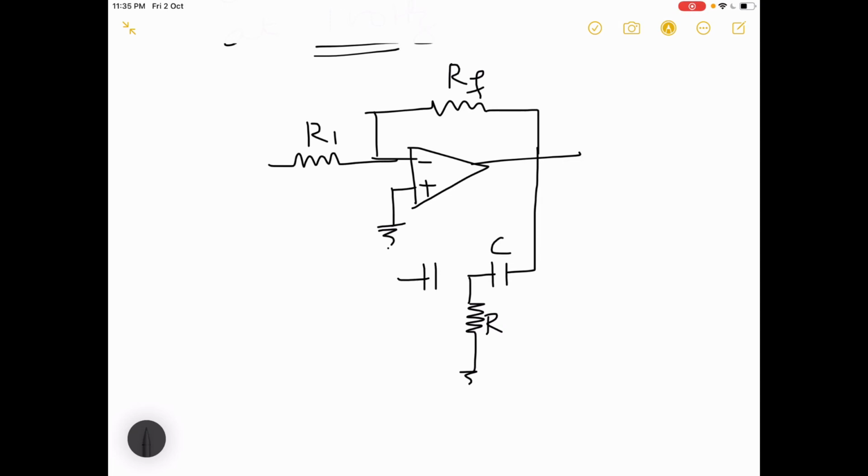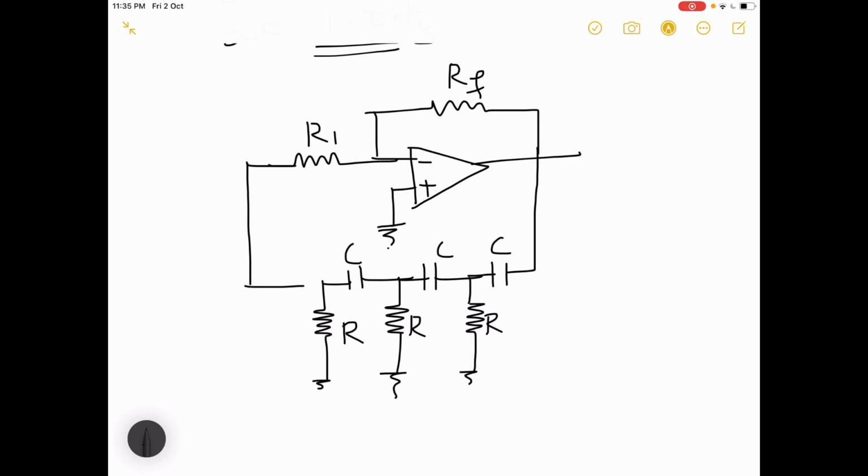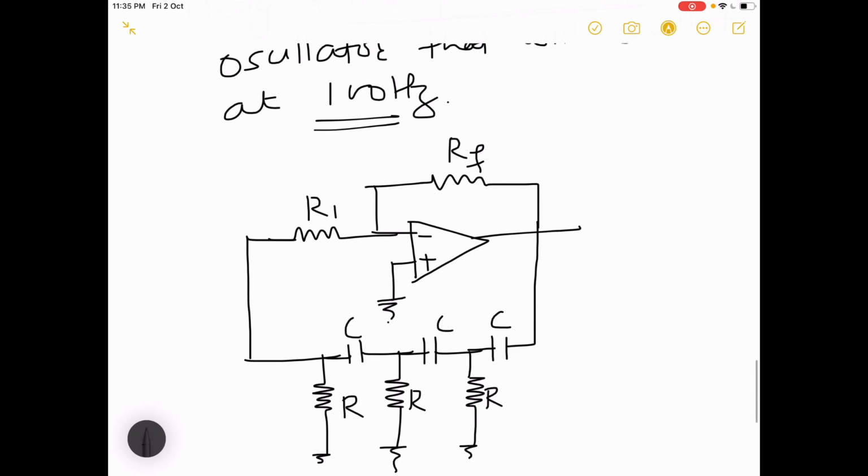You have to place these capacitors and resistors properly. If you change the places of these, it will change the functioning of the circuit. So your R and C should be like this, and then the output of this feedback will be given to the feedback unit. Okay, so this is your output.